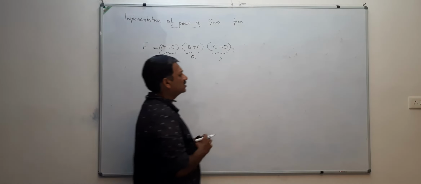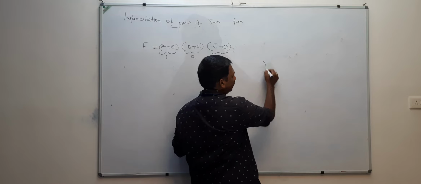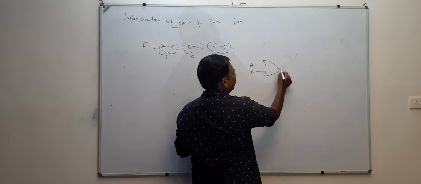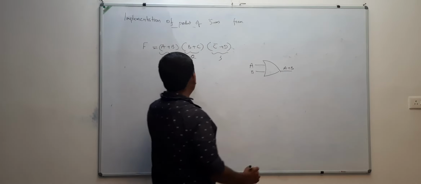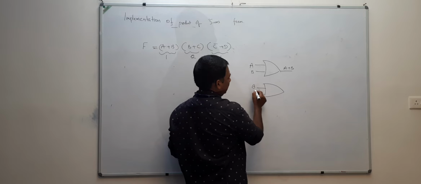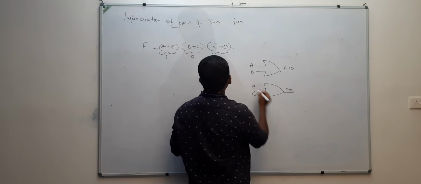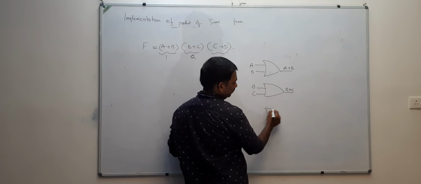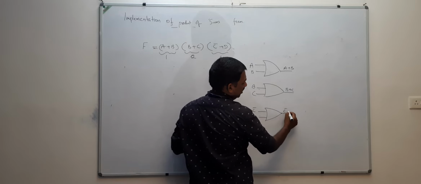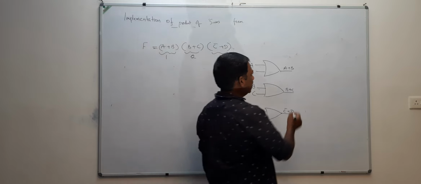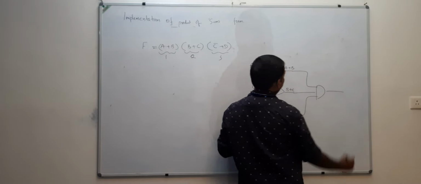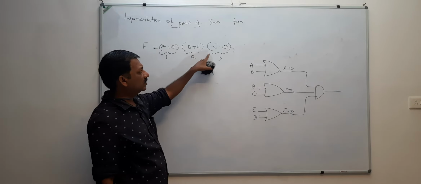If you take an OR gate and give inputs A and B, the output will be A plus B. If you provide B and C, the output will be B plus C, and if you give C bar and D, the output will be C bar plus D. If these three are fed as inputs to an AND gate, the output will be (A plus B) into (B plus C) into (C bar plus D).